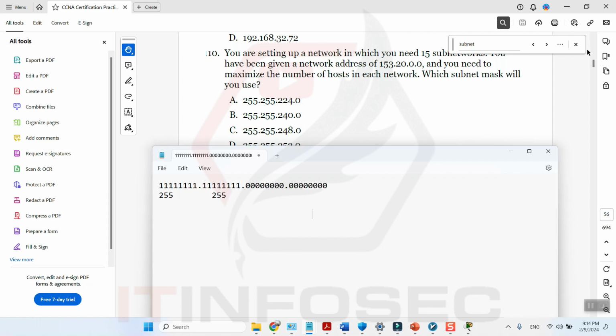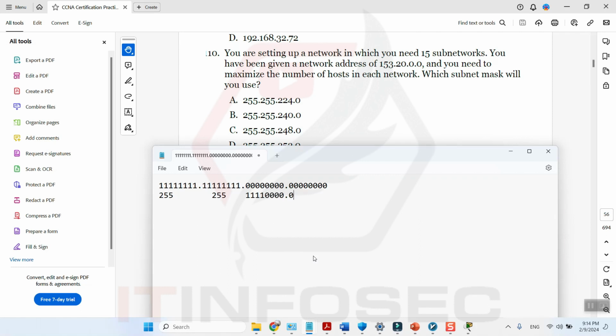Well, what does the question say? It says you need 15 subnetworks based on maximizing the number of hosts in each network. If we want 15 subnetworks or subnets, how many bits do we need to cover the 15? We need 4 bits: 1, 2, 3, 4.